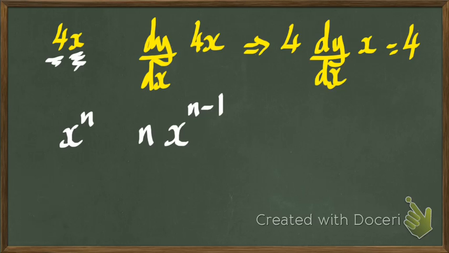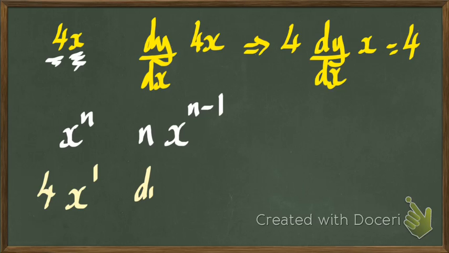And how does that apply to 4x? Let's change colour. Does that resemble 4x? Yes, sort of it does, because you remember from indices that actually x is x to the power of 1.